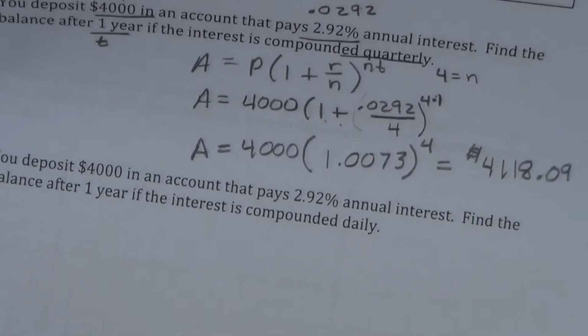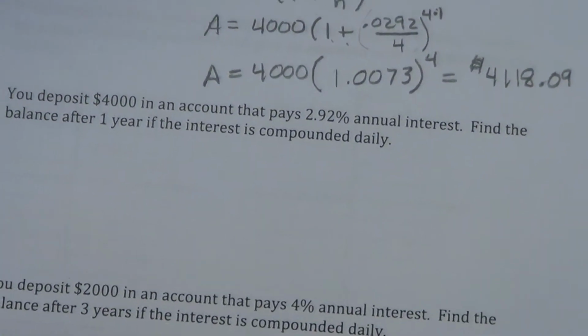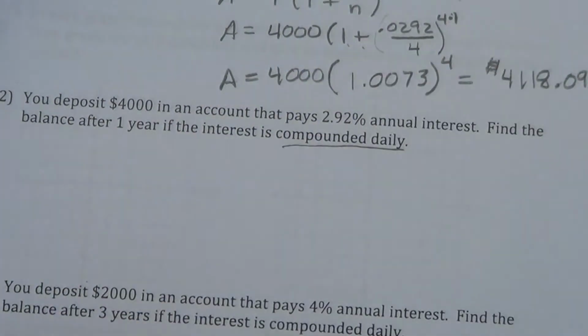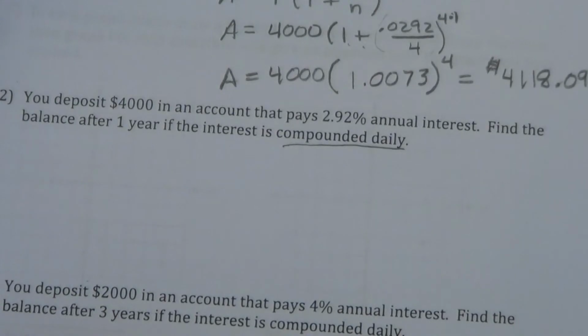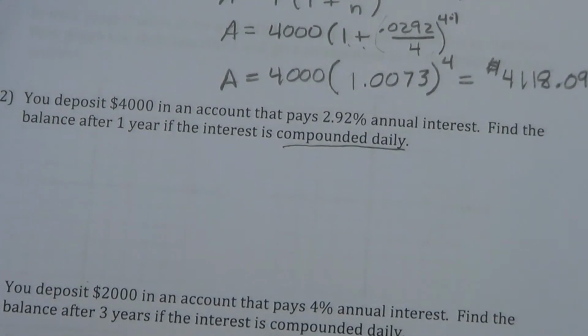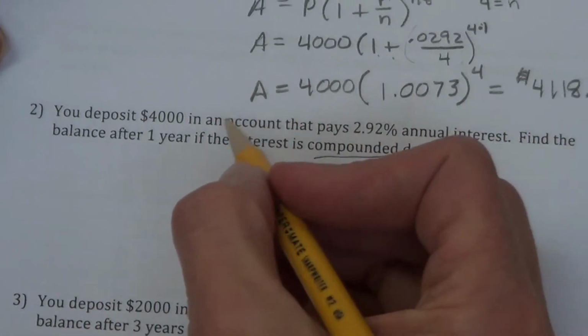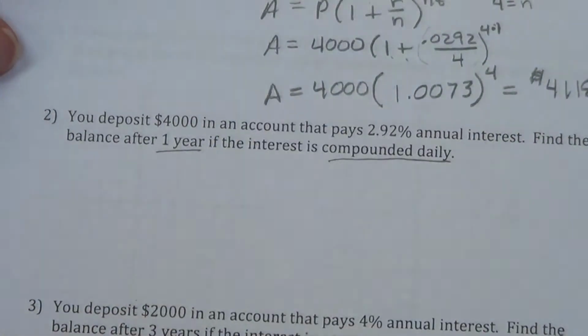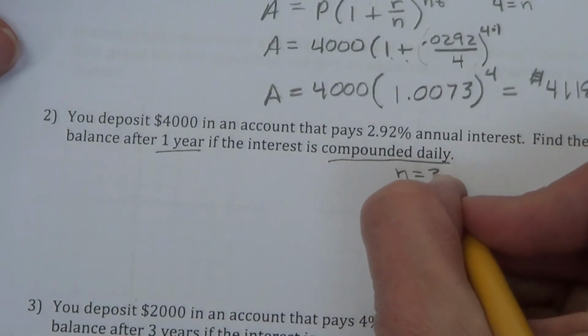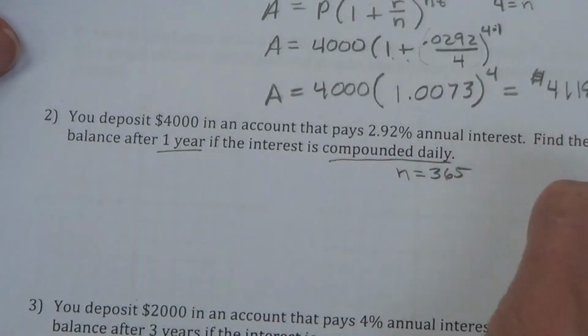Next problem. The only difference on this one is we're going to say that it's compounded daily now. How many times is that? Well, if it's compounded daily, and we're looking at a year, if you said 365, you are absolutely correct.